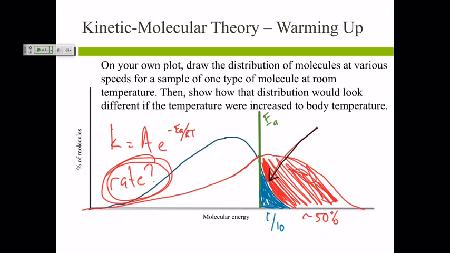So how does that tell us the rate increases? We know that changing T changes k, but how does changing k affect the rate? What relationship allows us to say how the rate is influenced by the rate constant? If you have a higher rate constant, then you'll have a faster rate of reaction. Yes, very true. What rate law?